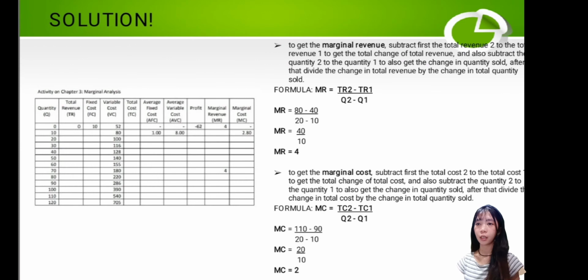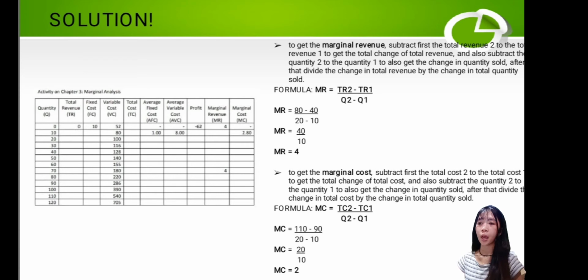To get the marginal revenue, subtract first the total revenue 1 from the total revenue 2 to get the change in total revenue, and also subtract the quantity 1 from the quantity 2 to get the change in quantity sold. After that, divide the change in total revenue by the change in quantity sold.